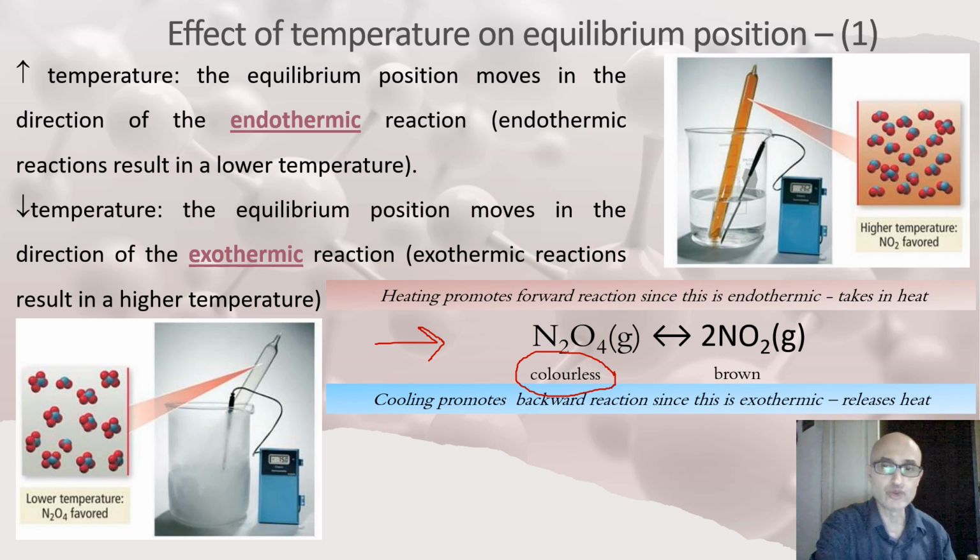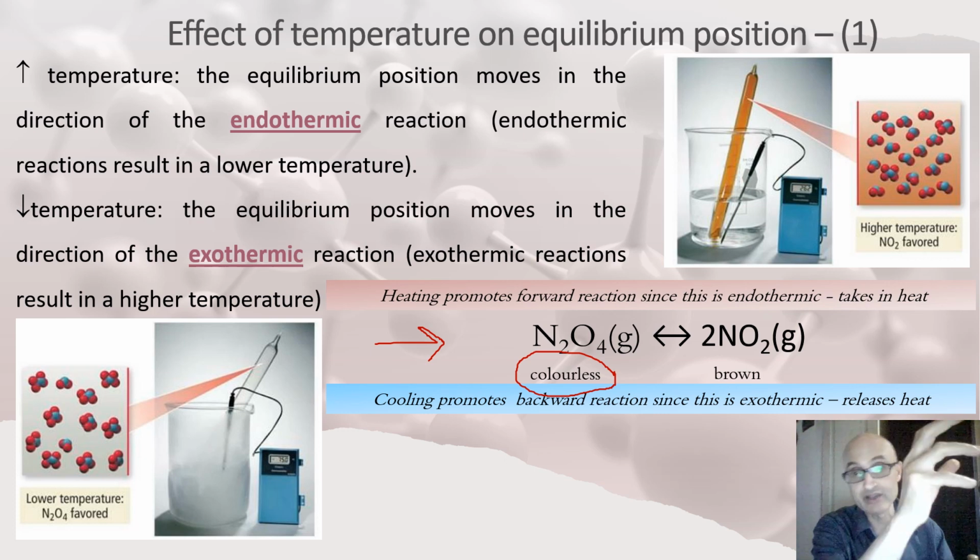So you can observe also the extent of the forward reaction and the backward reaction even by color. It can be used as an indication. If you have a really dark brown color, it means that you have a lot of nitrogen dioxide. And it does look like your forward reaction could be favored.